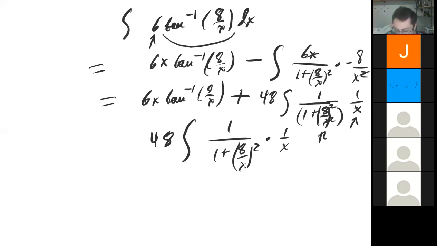This is about the point that I kind of got stuck, but I think I changed it so that it was 8x over 64 plus x squared. Right. So you changed it so it was 8x over 64 plus x squared?